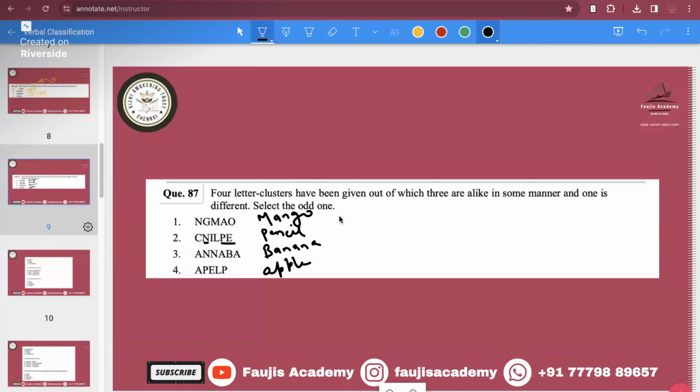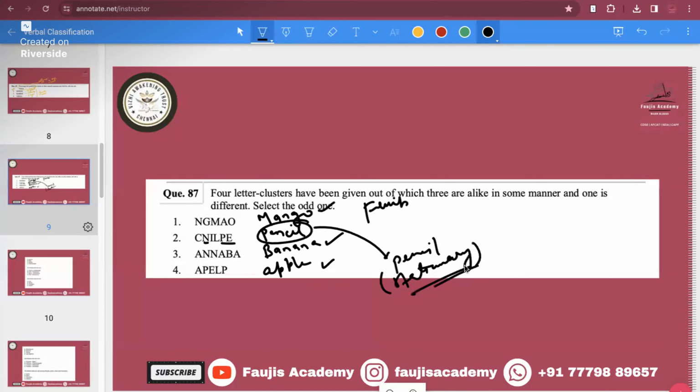So you will have to invest your time. You will have to think through all by yourself. Mango, banana, apple. These three are your fruits. And this one is your pencil. Pencil is what? Stationery.